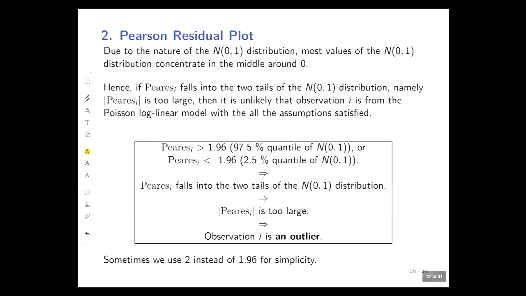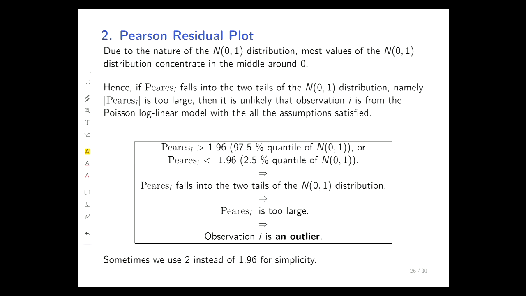So in this case, because we have the Pearson residual on the same scale, we can use the normal distribution to help us check whether or not one observation is an outlier.